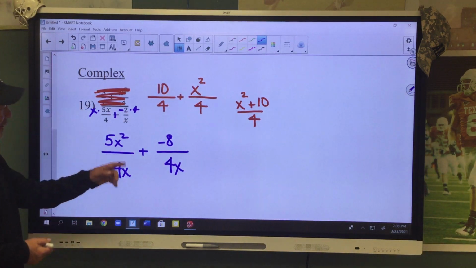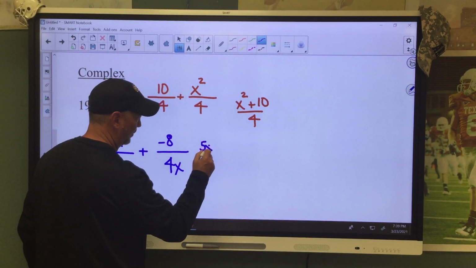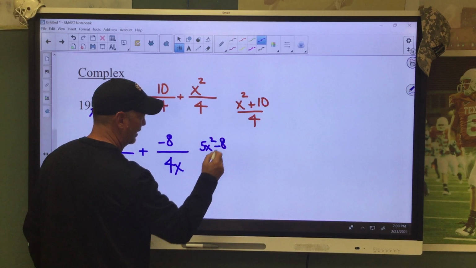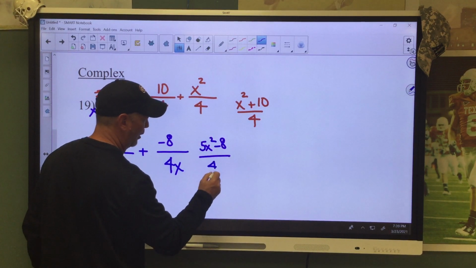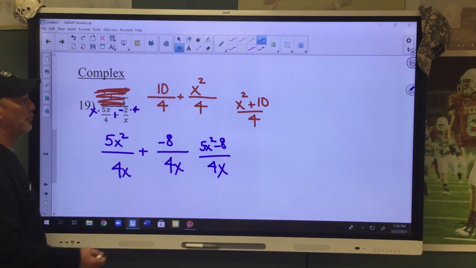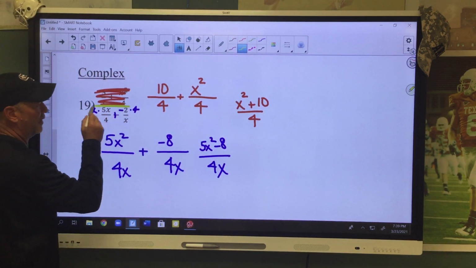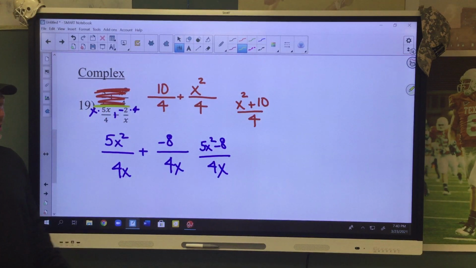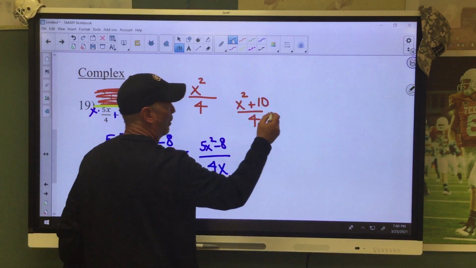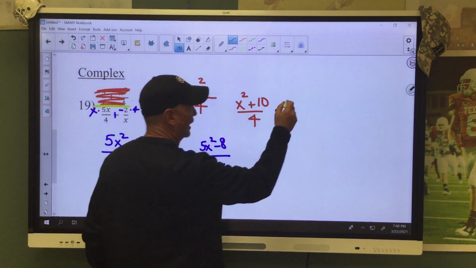And when I combine this, I'm going to get 5x squared minus 8 over 4x. Okay? So now we have to remember, this is a giant division sign. And we're not going to divide fractions. We are going to multiply times the reciprocal, to flip the second guy.